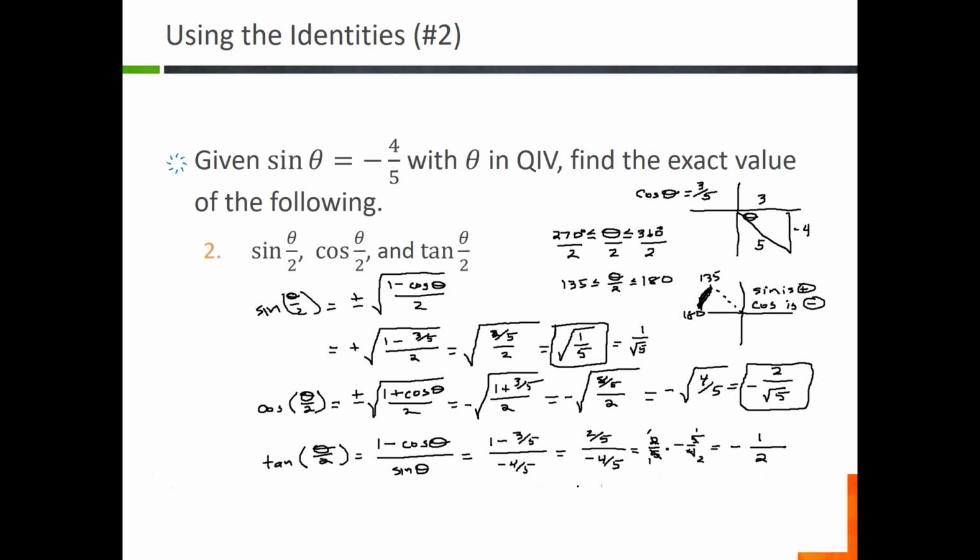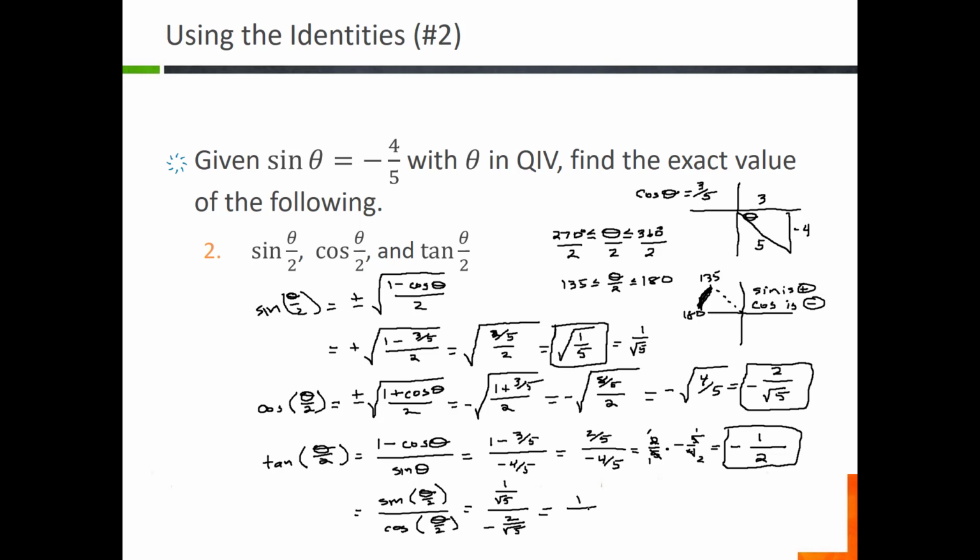Now, again, just to check this, if we used the sine over cosine, that means we have the sine of theta over 2 divided by the cosine of theta over 2. We know the sine of theta over 2 is 1 over the square root of 5, and we know the cosine was a negative 2 over the square root of 5.